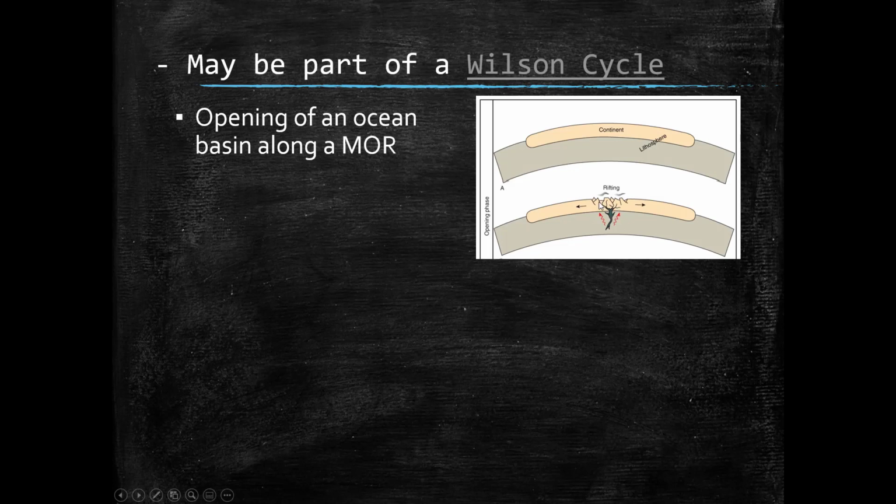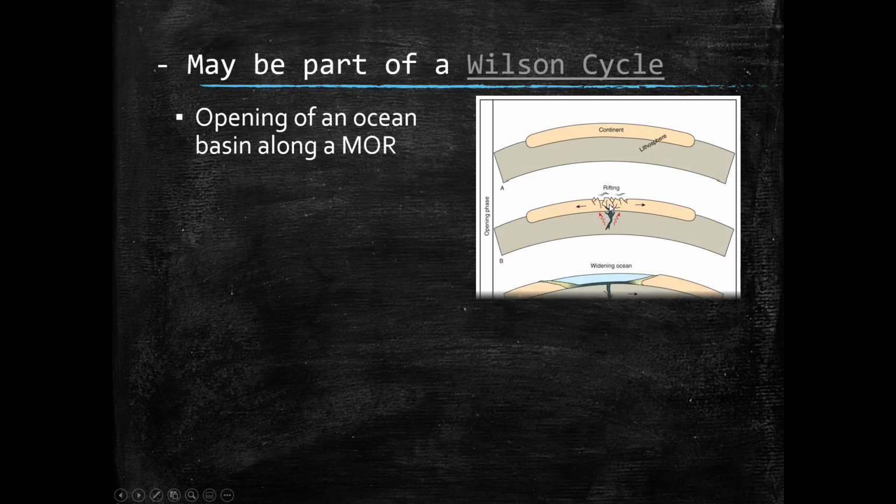This will also create basaltic lava flows, as you have what's called decompression melting that occurs in the rocks in the crust. And then eventually this will occur until you have two separate pieces of continental crust characterized as granitic rock, and then you have a much thinner oceanic plate characterized by basaltic lava for the most part, that separates these two new chunks of continental crust.